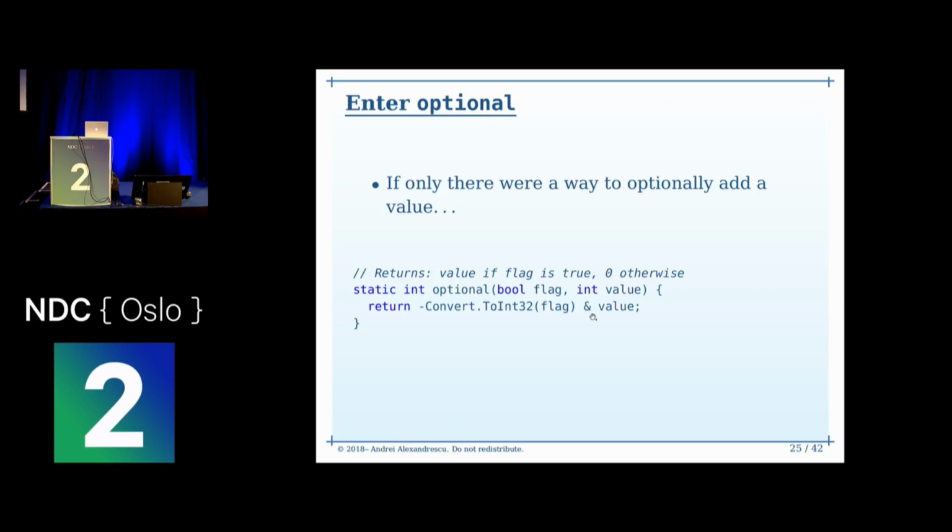So I'm done. I return 0. So far, so good. If flag is 1, then taking it to an int is the integer 1. But taking minus of that is what? Yes? Sorry? Right? It's a remarkable number.